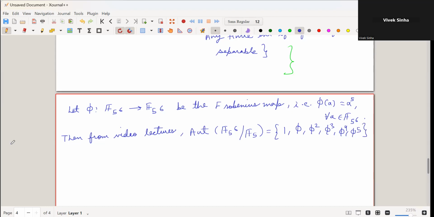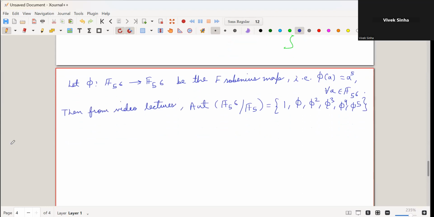So phi gives you a raised to 5, phi square gives a raised to 10, then 15, 20, and 25, and then phi 6 is again the identity. This is the group generated by phi, and this implies that the automorphism group of F56 over F5 is cyclic.